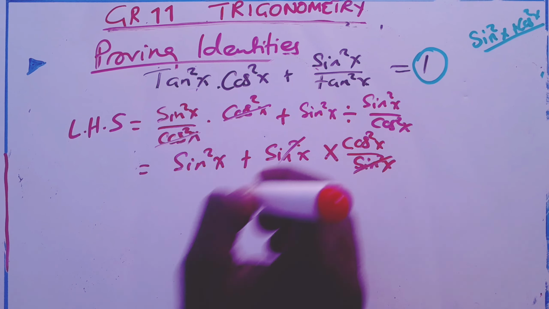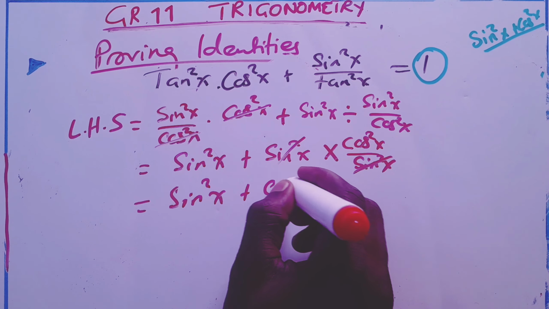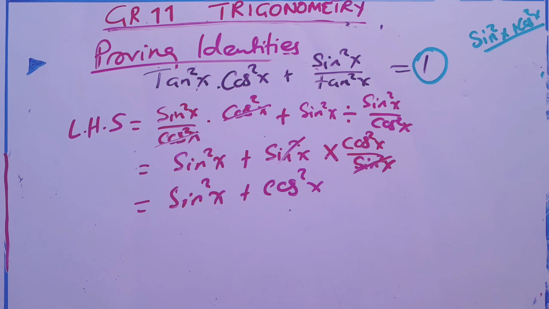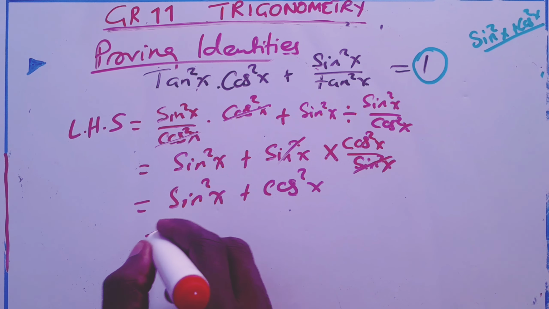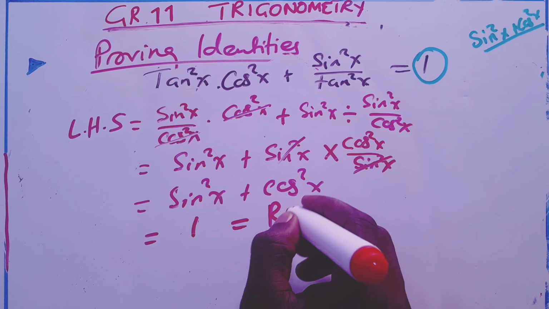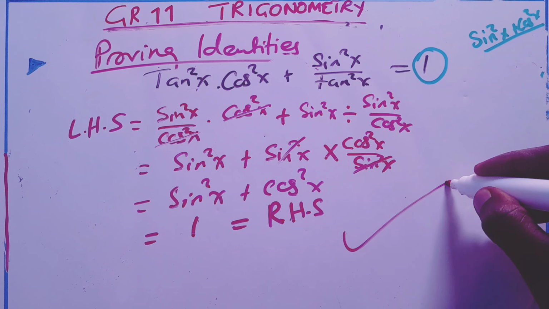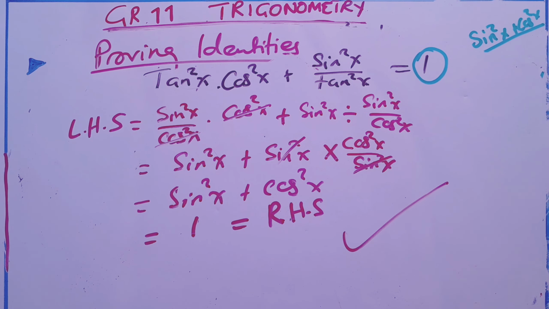So this sine and this sine will cancel out, and we'll be left with sine squared x plus cos squared x. So sine squared x plus cos squared x gives us 1, which is equal to the right hand side, just like that. Can you see that it is simple, guys?